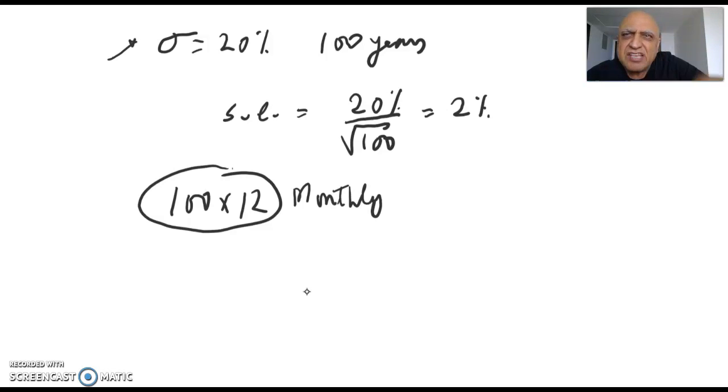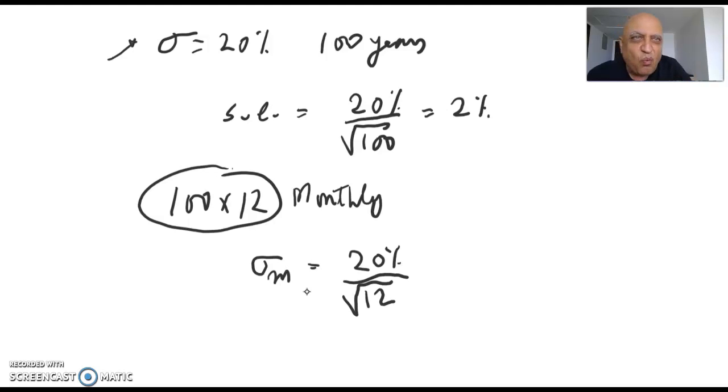If the S&P 500 standard deviation is 20% a year, what would it be per month? Monthly standard deviation is going to be 20% divided by square root of 12. Why? Because returns are independent month to month.